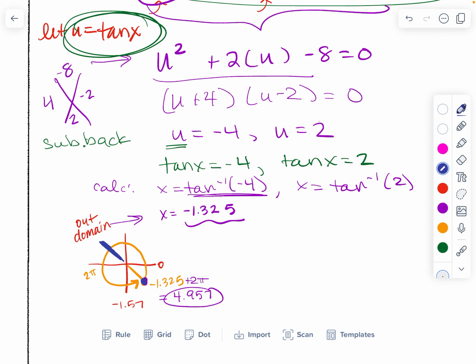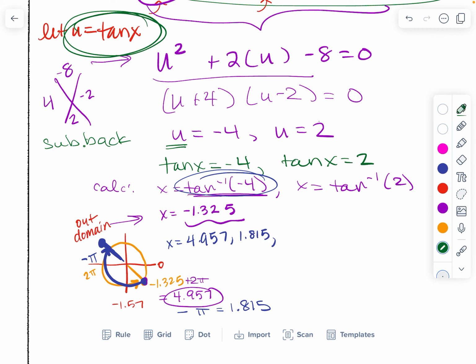So if I take this value and I subtract a full pi from this value here, tangent will also equal -4 at 4.957, and we're also going to subtract pi, which is 1.815. So when does tangent equal -4? When x equals 4.957 and at 1.815.